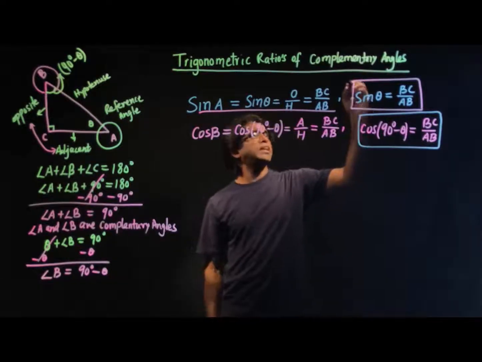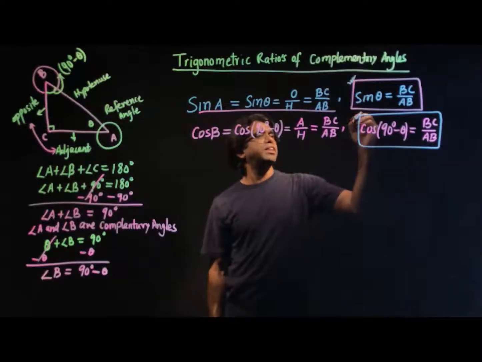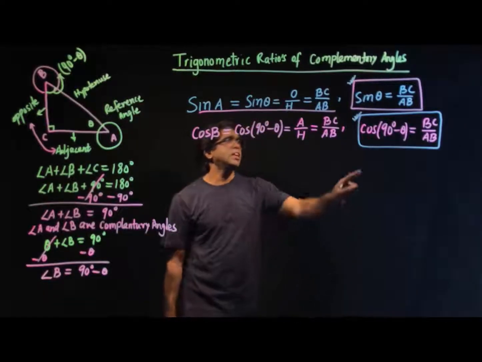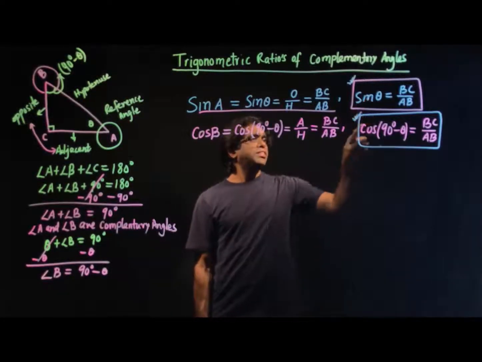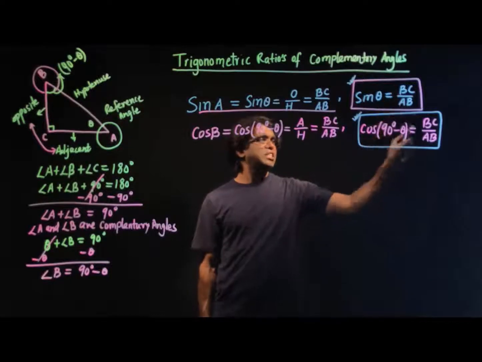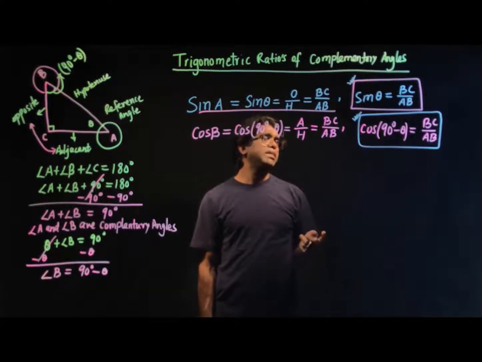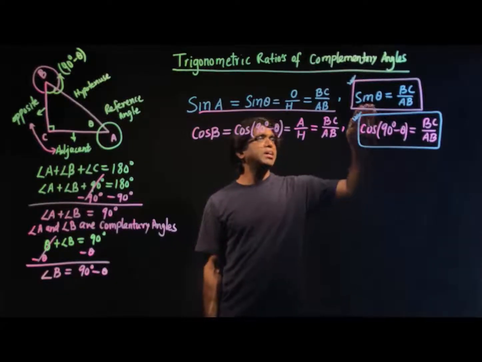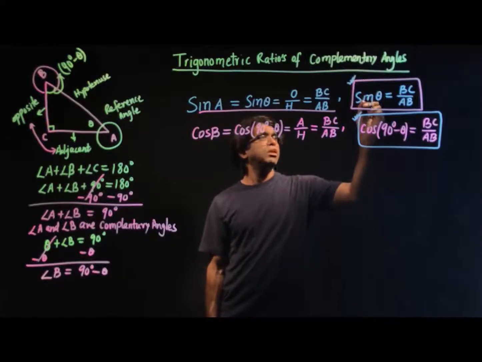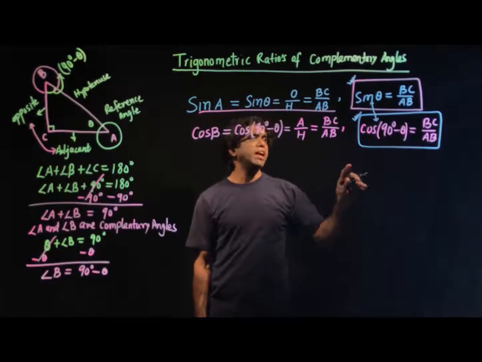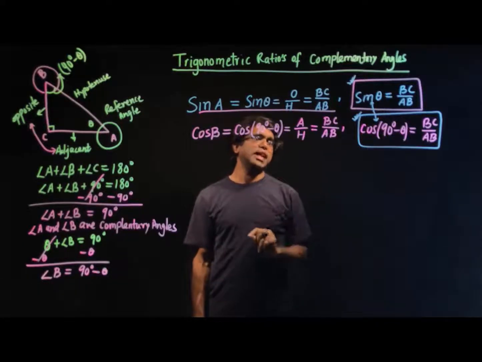Now, if you look at this expression and this expression, you will see the left side is different, but the right side is still the same. What does that mean? It simply means that sine theta, this one, should be equal to this one. That is the only way we can have our right hand side equal.